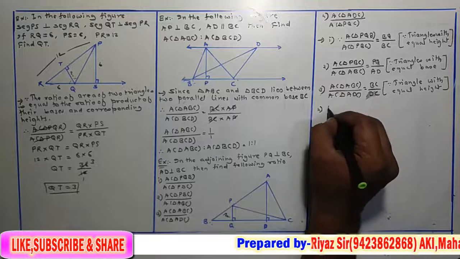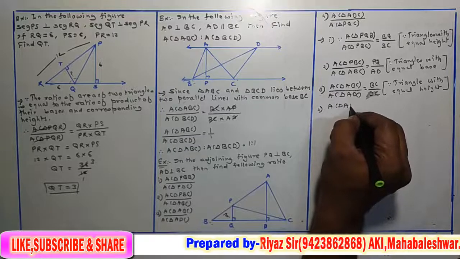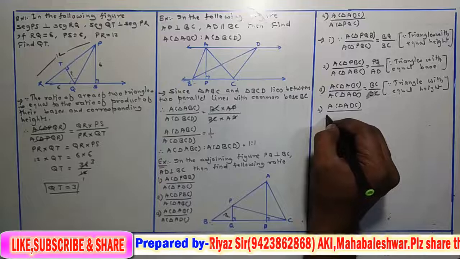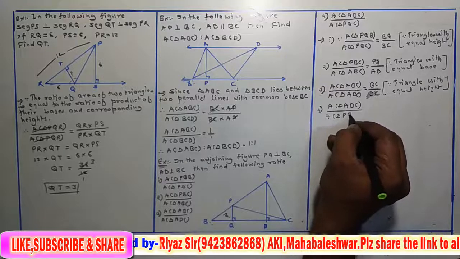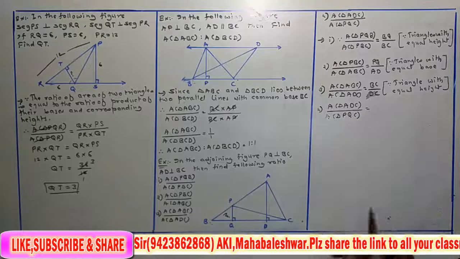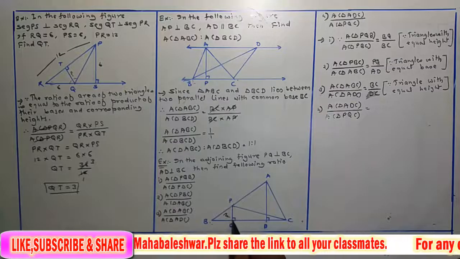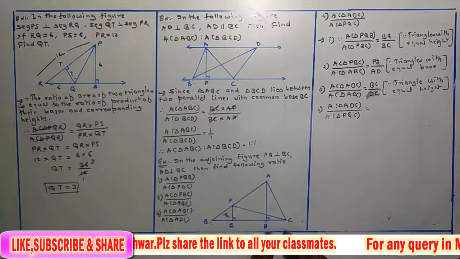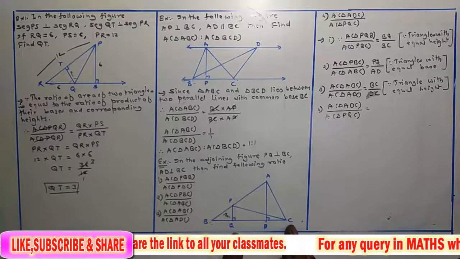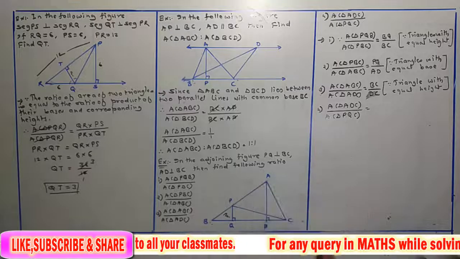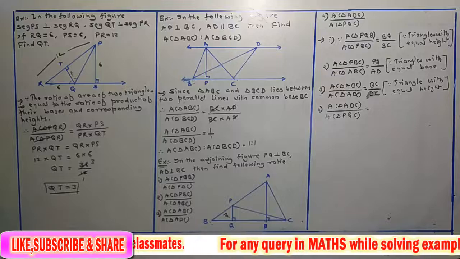And fourth one, area of triangle ADC upon area of triangle PQC is equal to, now ADC and PQC, both triangles have different base, also different height. So we use that first property.